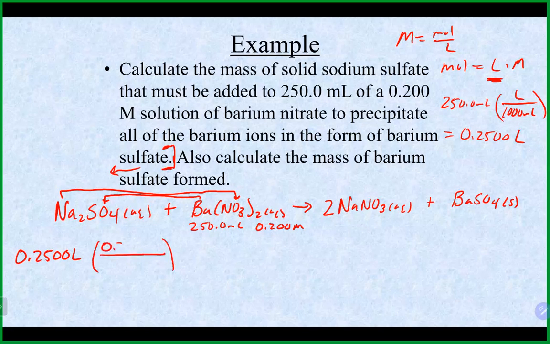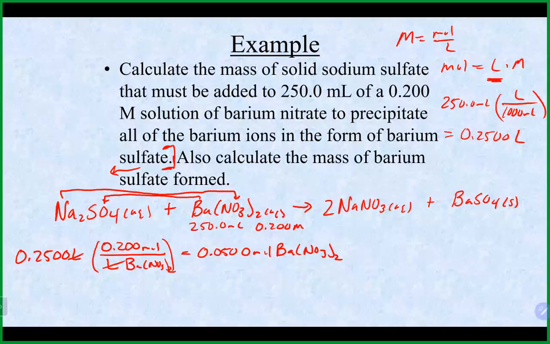We're going to get rid of the big M and convert it to moles per liter of barium nitrate. Liters will cancel. This gives us 0.25 times 0.2, which gives us 0.05 moles of barium nitrate. First off, any questions on that?